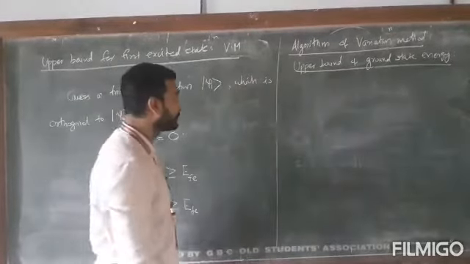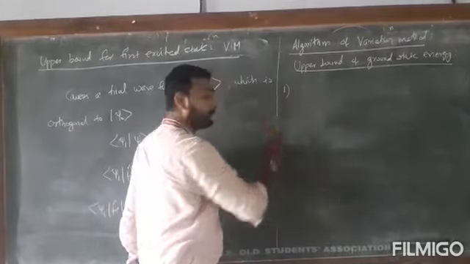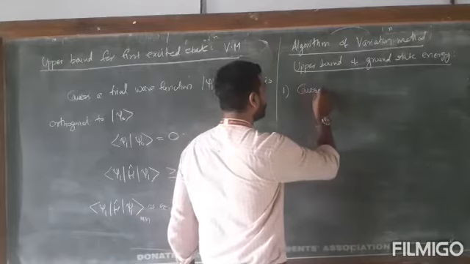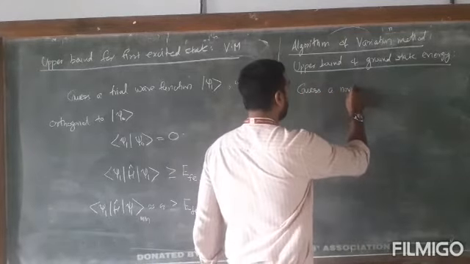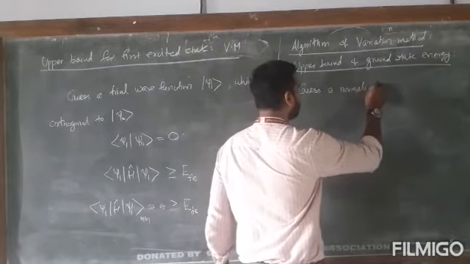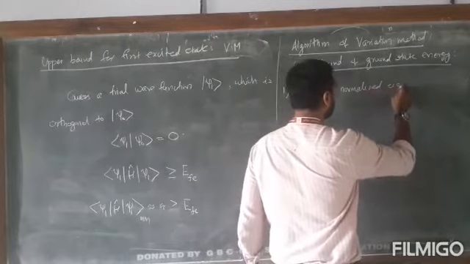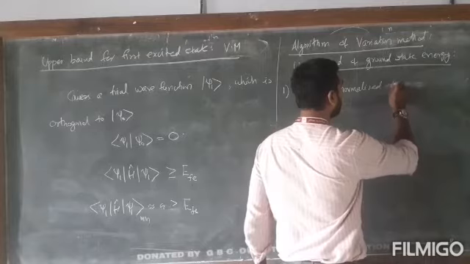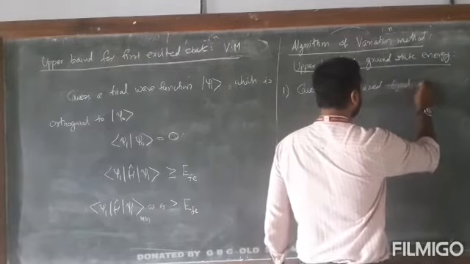What are the steps? Step 1: guess and normalize the trial wave function psi 0.